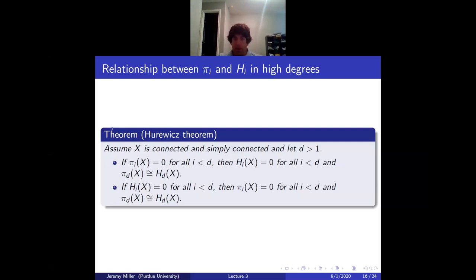We definitely need d bigger than 1, because if d is 0, the first time they're non-zero, they're definitely going to be different. And a more important typo: the theorem is false unless I say reduced homology.